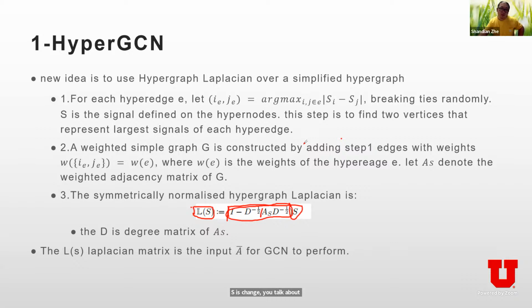S varies along with the number of epochs, right? How does it change?